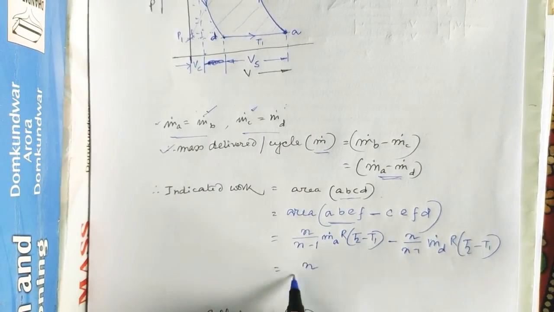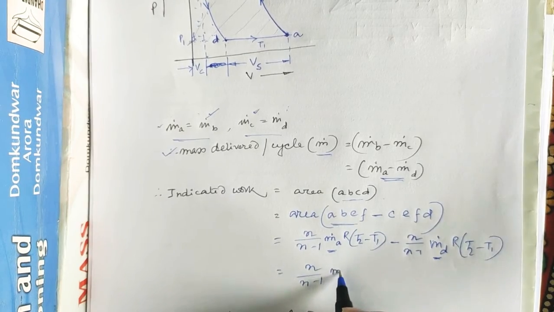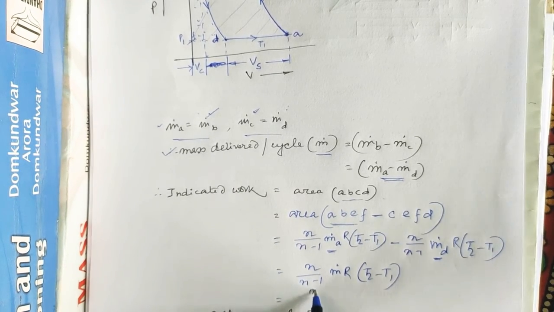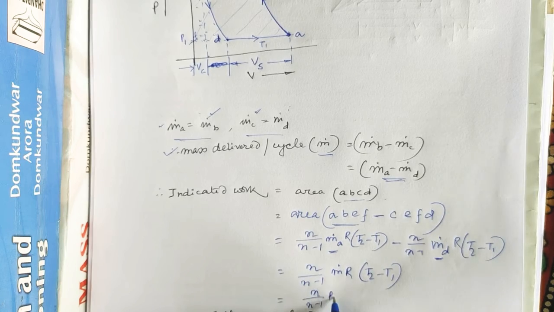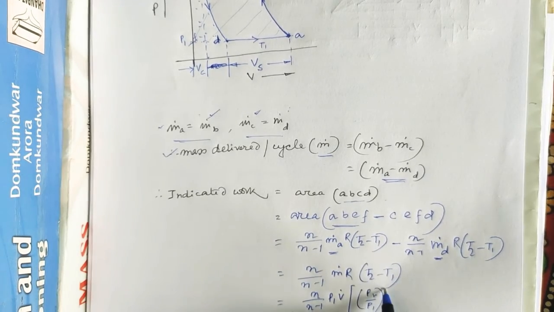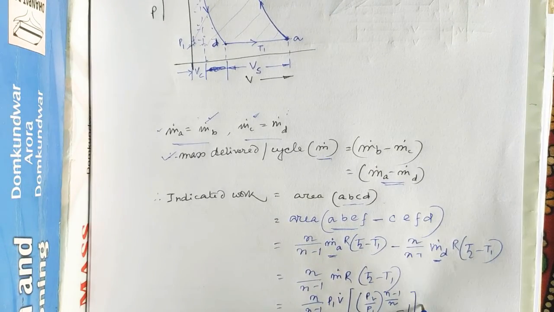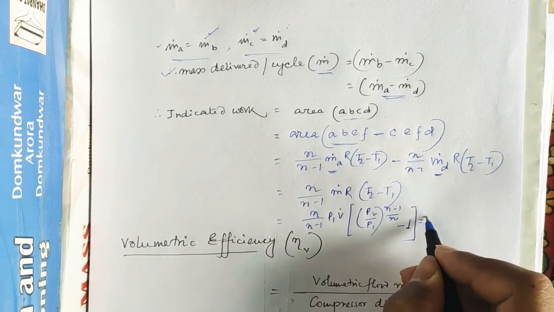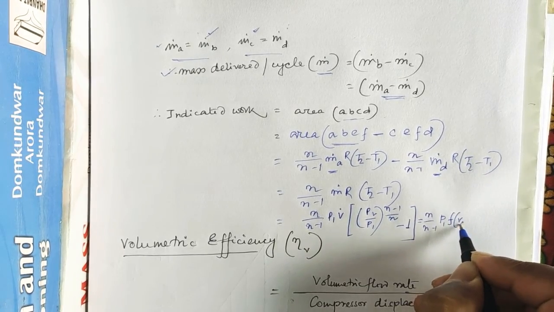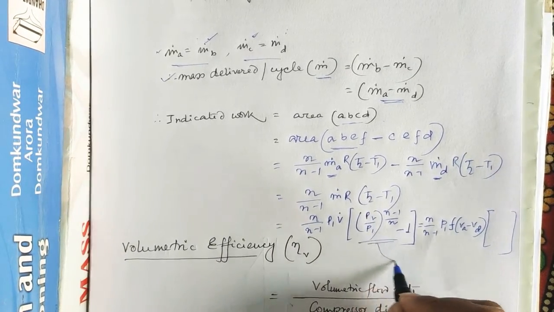So ultimately the expression will be n by n minus 1 into (ma minus md), that gives the actual mass delivered, m dot, into R into T2 minus T1, and this can be written as n by n minus 1 P1 V dot into (P2 by P1) to the power (n minus 1) by n, minus 1, which is also equal to n by n minus 1 P1 into f of (VA minus VD) into this term.